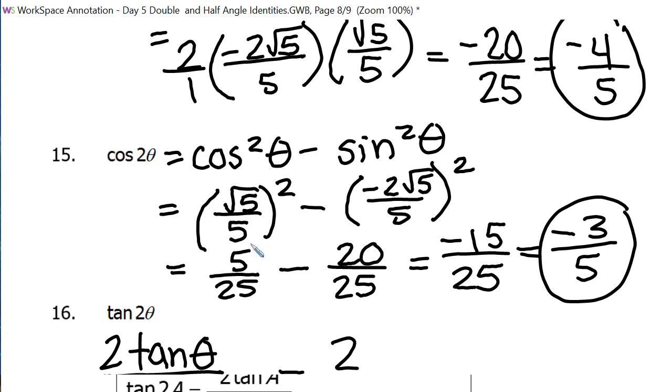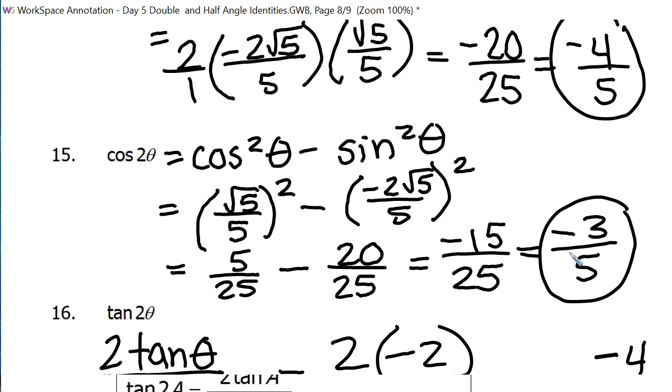So negative 2 square root of 5 over square root of 5 is negative 2. And in the denominator, this will be 1 minus negative 2 squared. And 2 times negative 2? Negative 4. When I square the negative 2, this becomes positive 4, and 1 minus 4? Negative 3, and that fraction simplifies to 4 thirds.